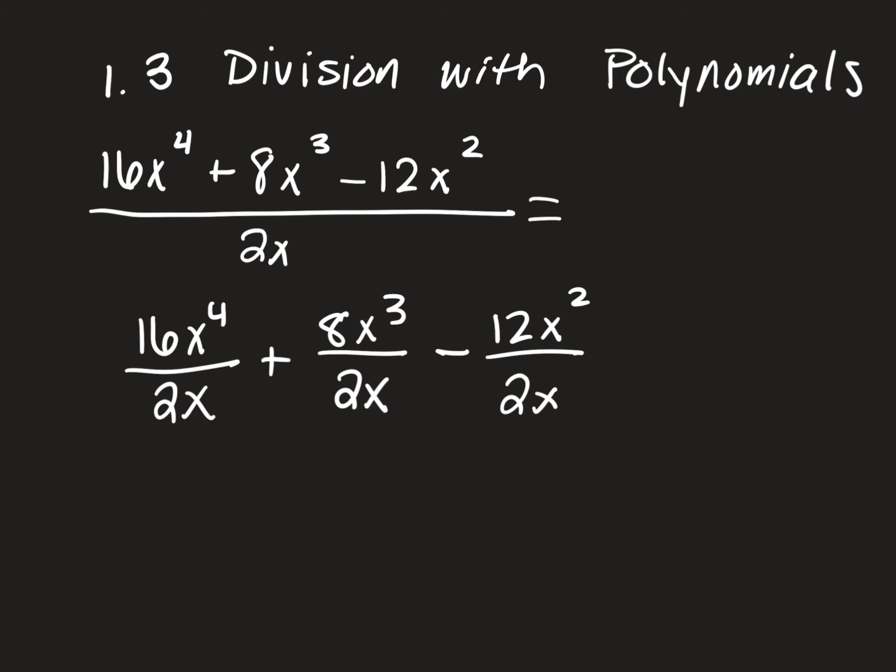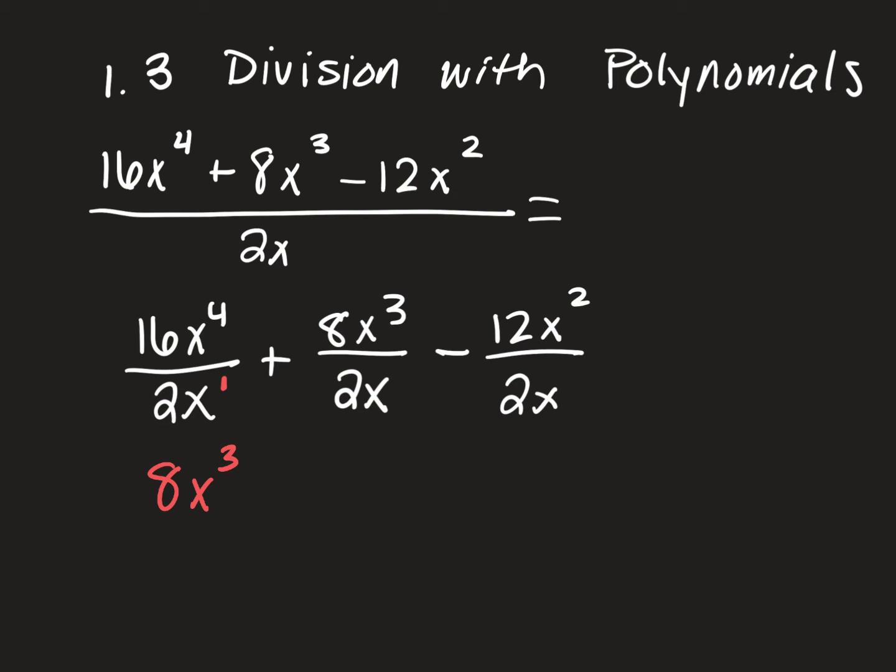Okay, so now we're just dividing, right? 16 divided by 2 is 8. And then x to the fourth divided by x. What do we do with our exponents? Subtract, right? So 4 minus 1, x to the third. Not x3, that's not how you say exponents.